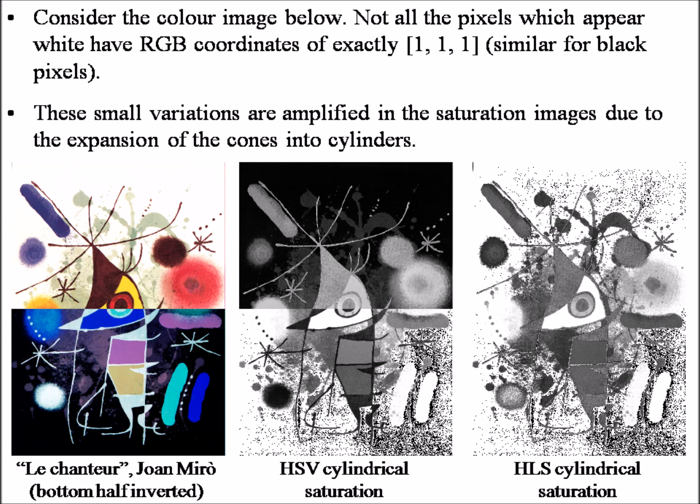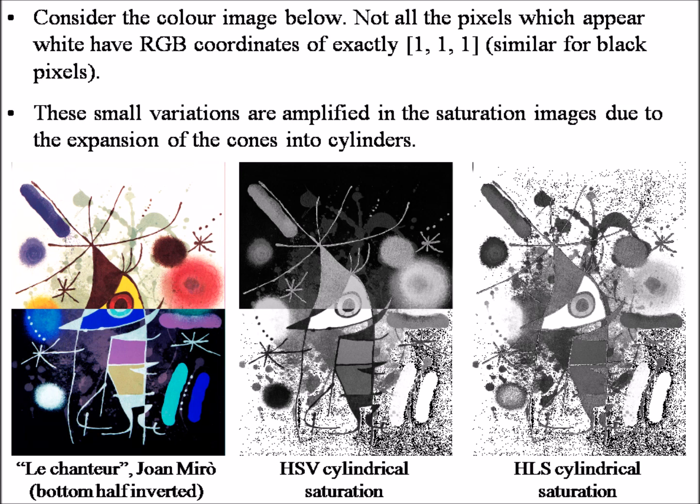The chosen image is a very interesting image. If we start from the left side, you will see the image in color form, which is basically in the RGB model. However, the color image is inverted into two halves so as to understand the effect of HSV cylindrical and HLS cylindrical shape.